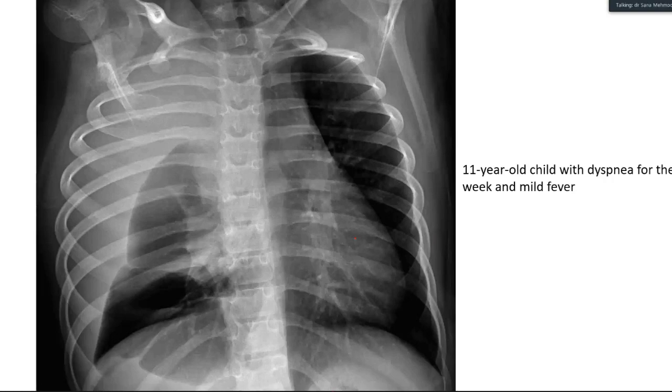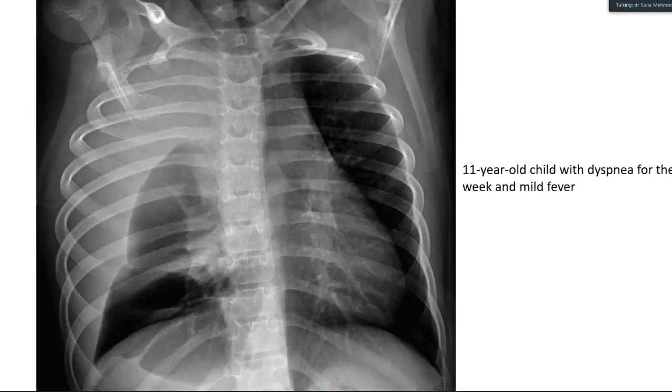Along with mediastinal shift, blunting of the CP angle is also noted. However, on the left side, the lung and the CP angle appear to be unremarkable.